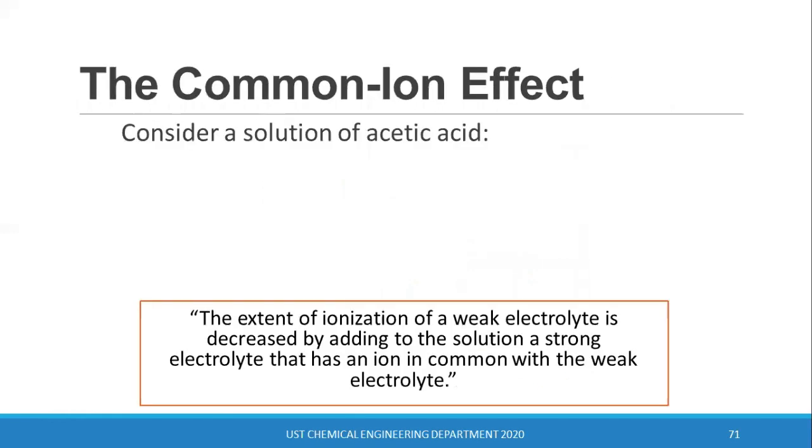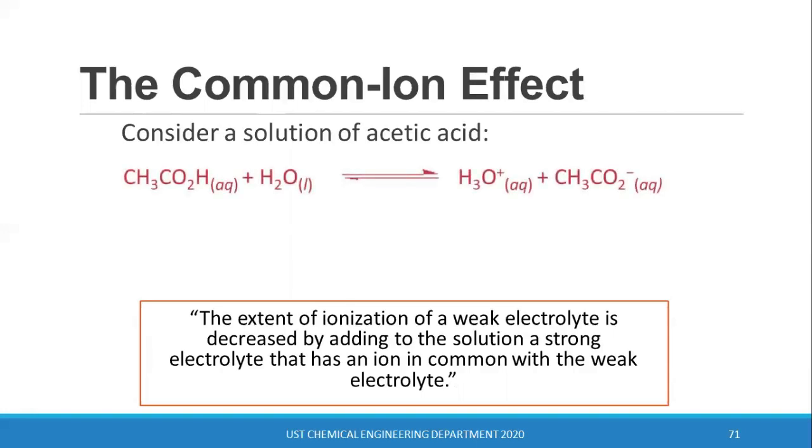Next, let us consider the common ion effect. It states that the extent of ionization of a weak electrolyte is decreased by adding to the solution a strong electrolyte that has an ion in common with the weak electrolyte. Let us consider a solution of acetic acid. If acetate ion is added to the solution, Le Chatelier says that the equilibrium will shift to the left.